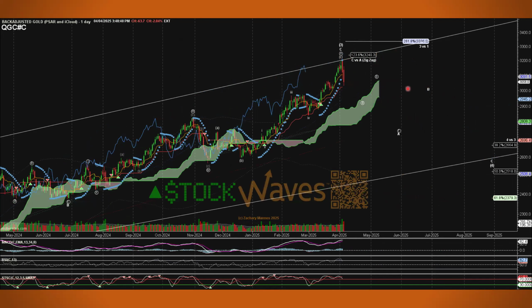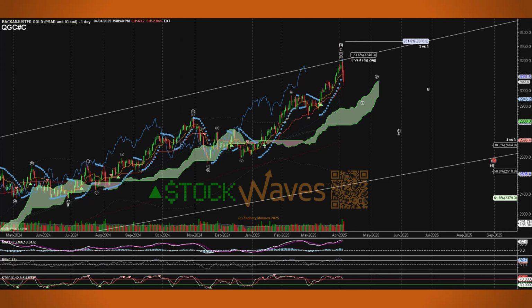So here's a use showing that illustration where we say, looking for the potential start. We got a top dot on the daily in gold back here from early April, and a possible completed count for the wave 3.